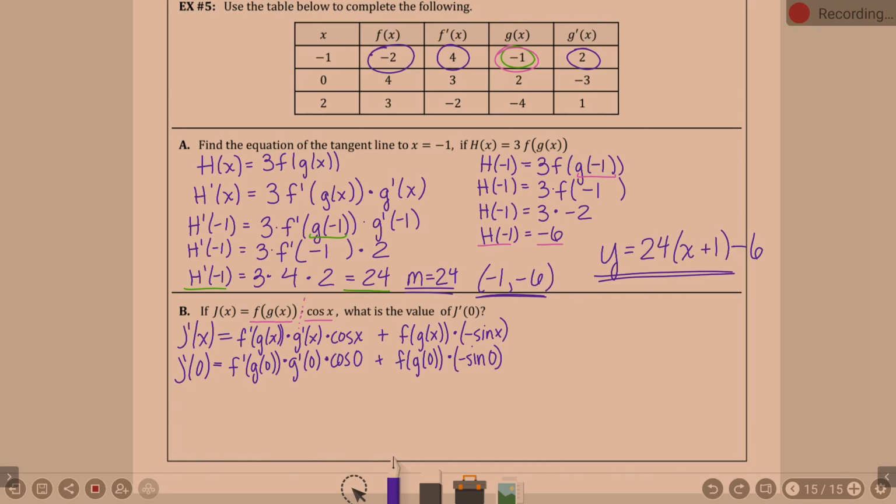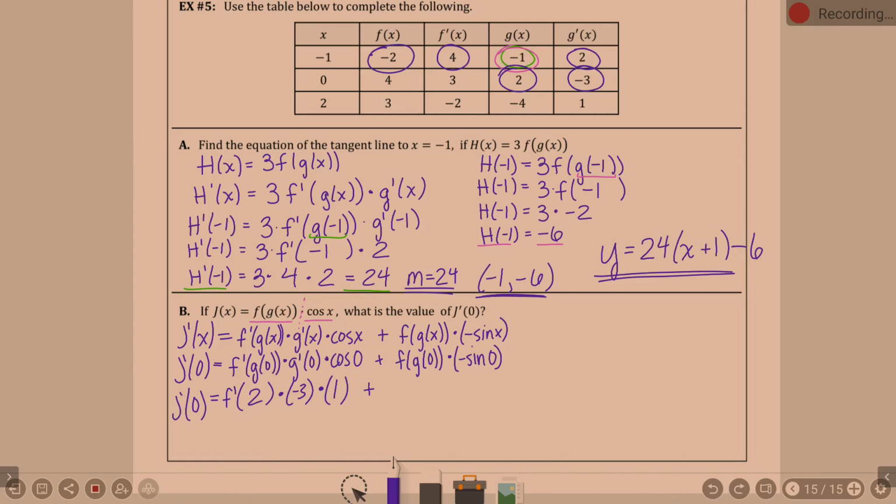Now, f prime on this first one just holds, right? What is g of 0? 2. Times, what's g prime of 0? Negative 3. Times, what's cosine of 0? 1.